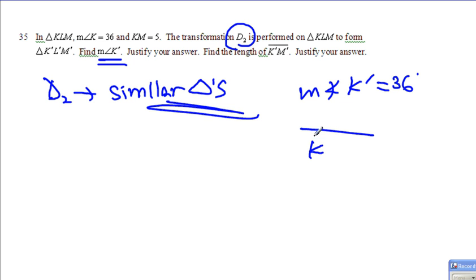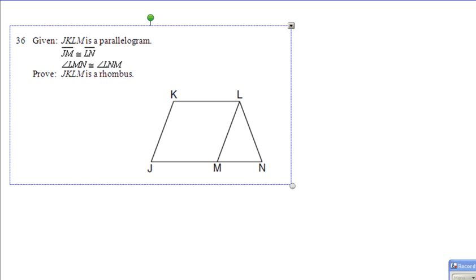Now, but the length will be 2 times, which is 10, because dilation is not isometry. So therefore, when you multiply by 2, meaning the dilation by 2, then even the length will be increased by 2, double.